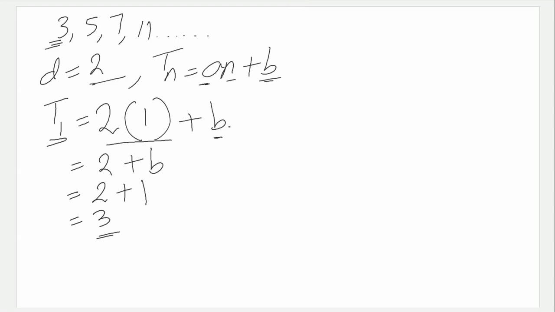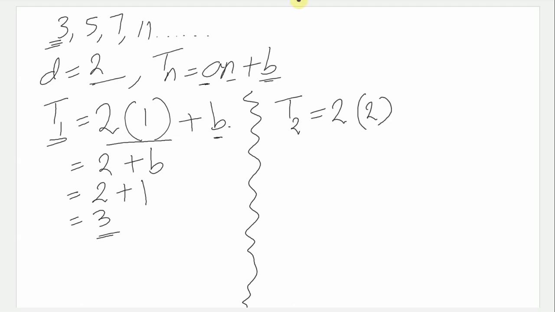Okay, that's cool. Let me repeat again for the second term. Okay, T2. Our constant difference is 2. The value of n is 2. Then plus b. Then 2 multiplied by 2 is 4. But then our second term is 5. So which number do I add to 4 to get 5?